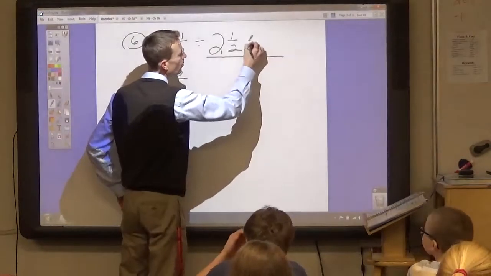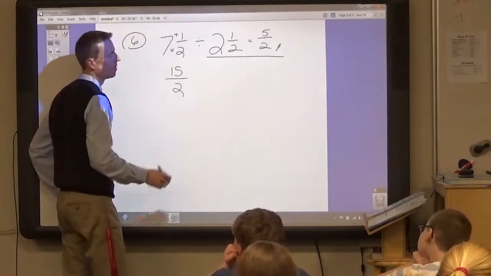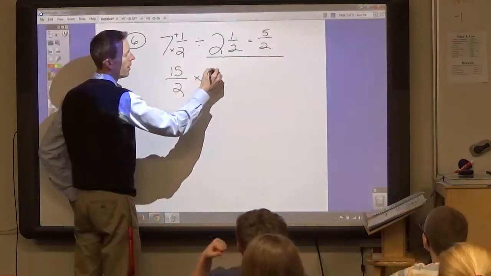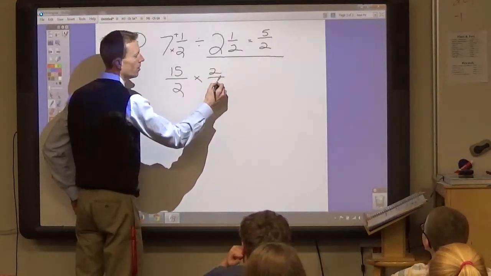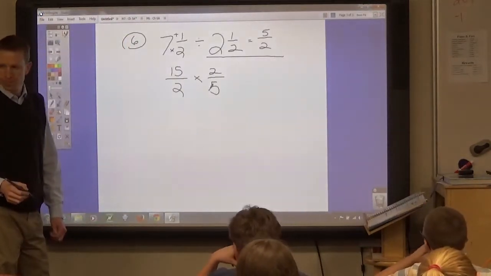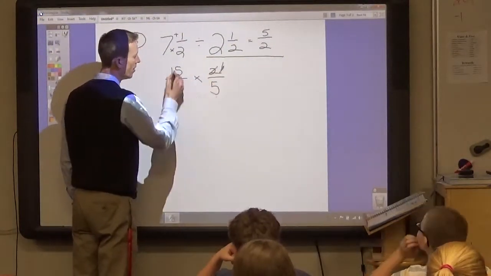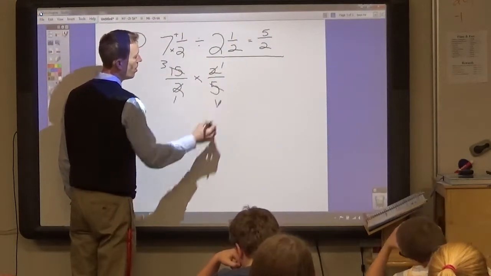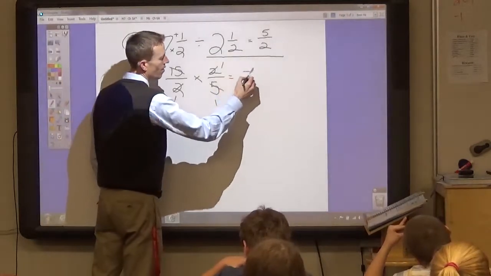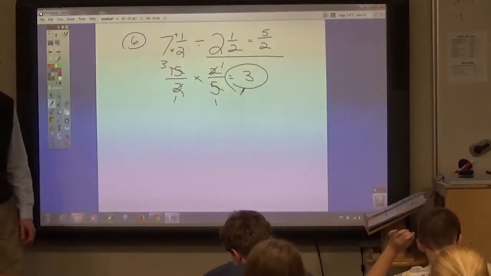And then rewrite this one as 5 halves again. But multiply it by 2/5. Reduce. 1, 1. 3, 1. 3/1. Whole number 3. Yep.